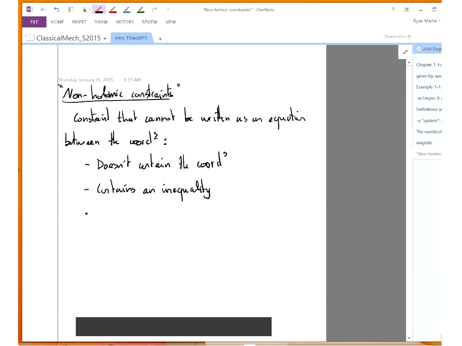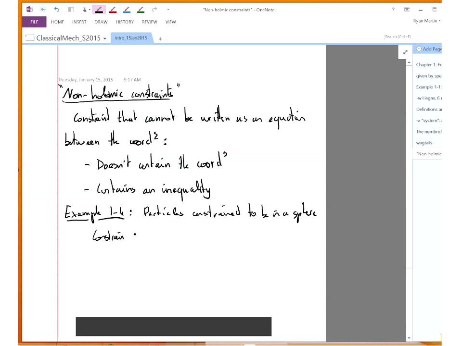So an example of that, example 1.4: you have a bunch of particles constrained to be in a sphere. The particles could be gas molecules, and those gas molecules are contained inside of a sphere.